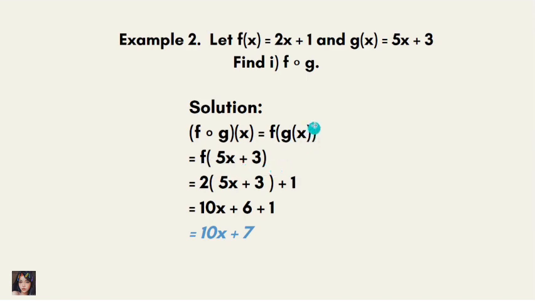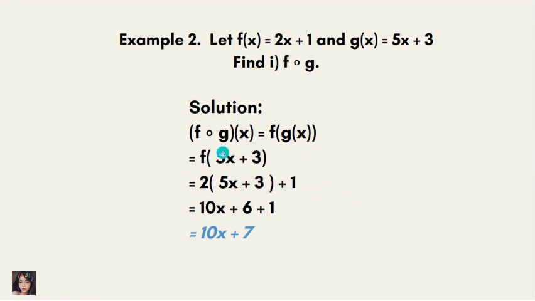After that, we will use the value of f of x, which is 2x plus 1. But we will replace the value of x with 5x plus 3. So as you can see, we have here the 2, and then for the x, we replace it with 5x plus 3, and then we will copy this 1.